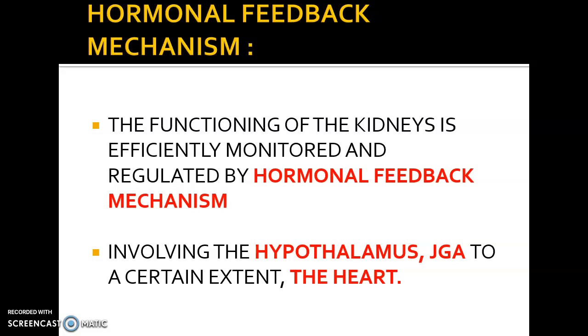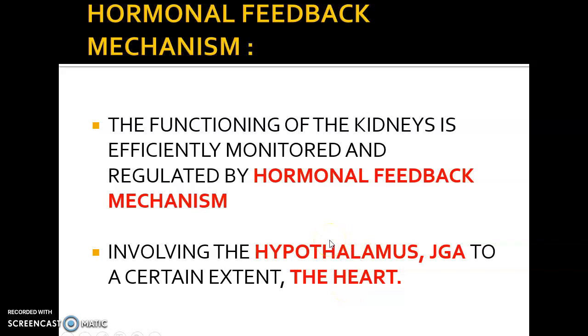The functioning of the kidney is efficiently monitored and regulated by a hormonal feedback mechanism involving the following organs, that is hypothalamus, juxtaglomerular apparatus, and to a certain extent the heart.